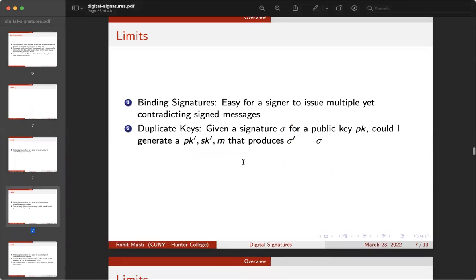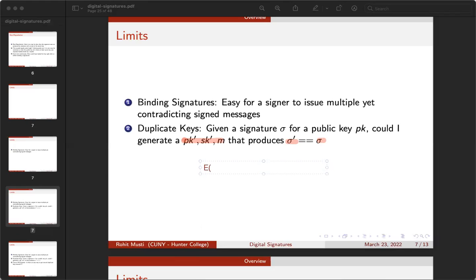Duplicate keys: given a signature for a public key PK, could I generate a PK prime, SK prime, M, such that sigma prime equals sigma? So another way of saying that is that the signing of the message with the secret key is equivalent to the signing of the message with the new secret key.